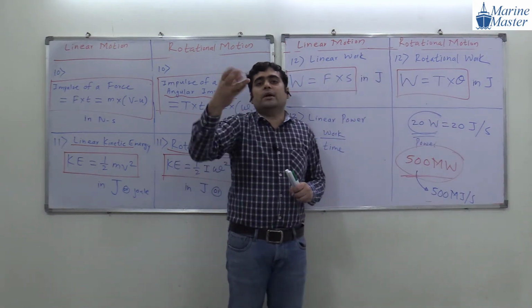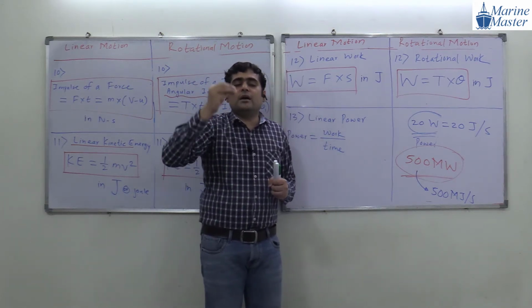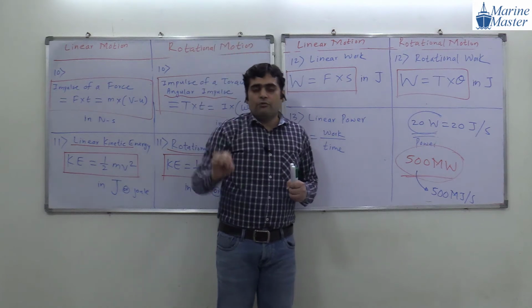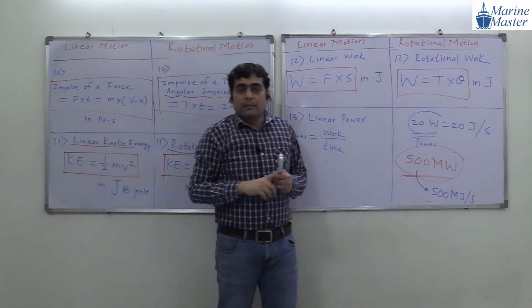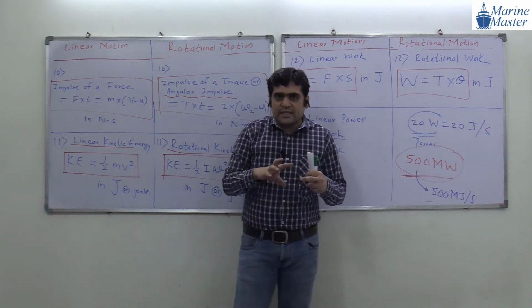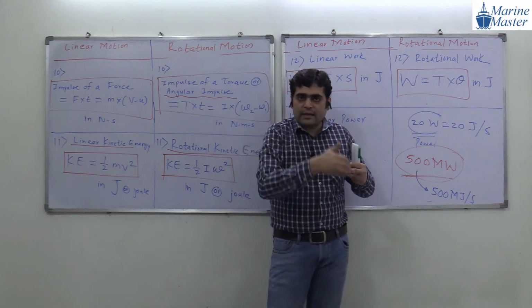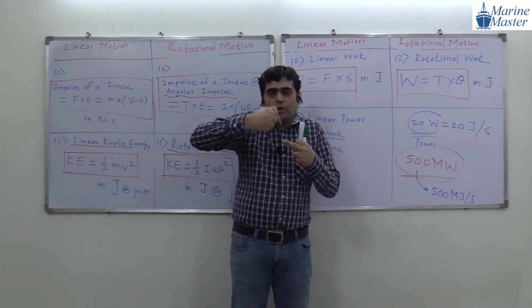So what is meant by power? Power means work done per unit time. How do you define power? This is very important, because in heat, sometimes we use work and sometimes we use power, so you have to understand the meaning of the word power.